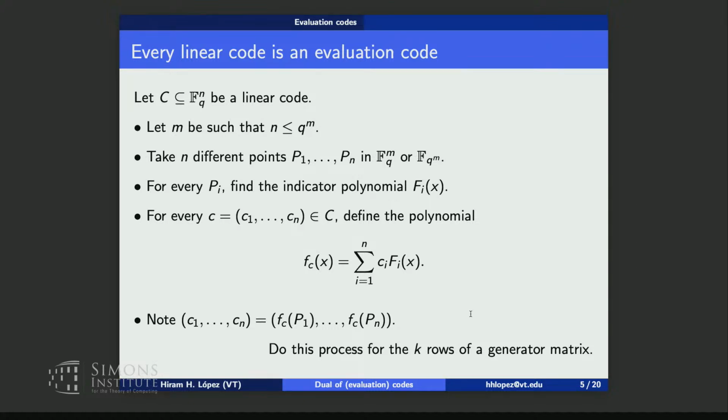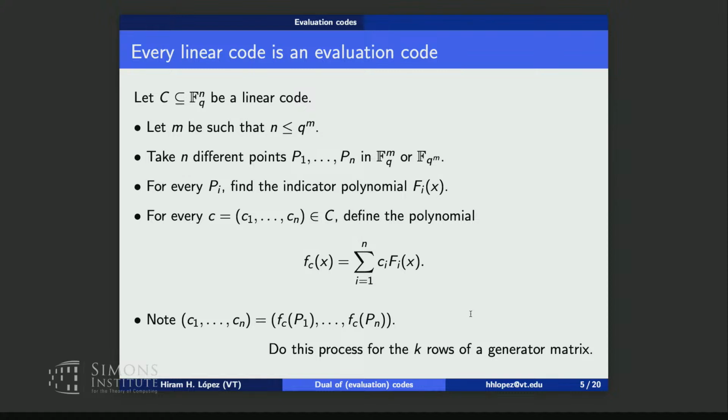Okay? So now you remember, you can take your favorite code and you can see it as an evaluation code. And why do we want to study it this way? Well, because the representation matters. It depends on what you are doing. So maybe you cannot solve the problem, and seeing it this way, you are going to be able to do it. There are some bounds.